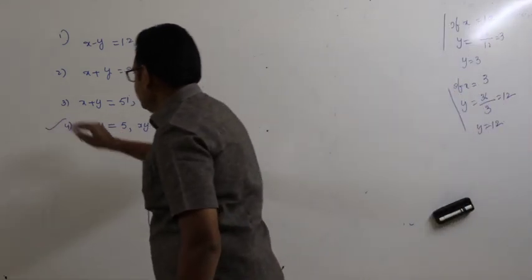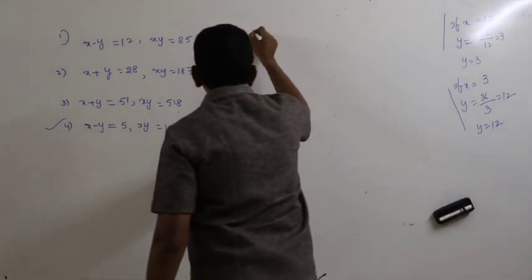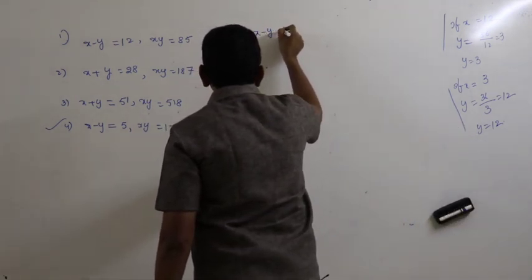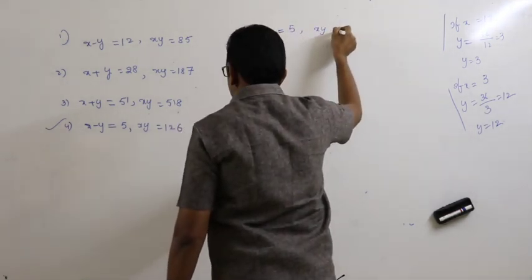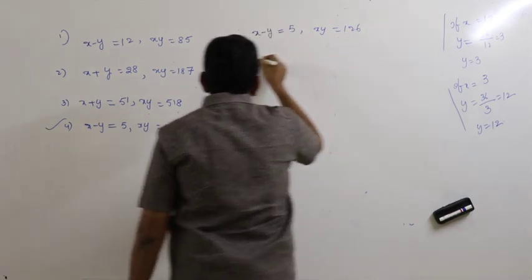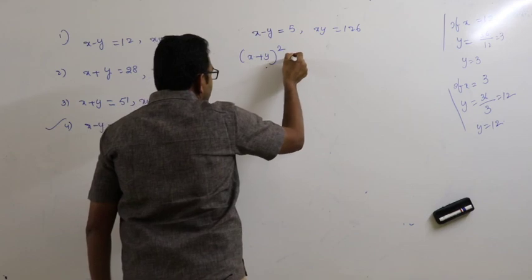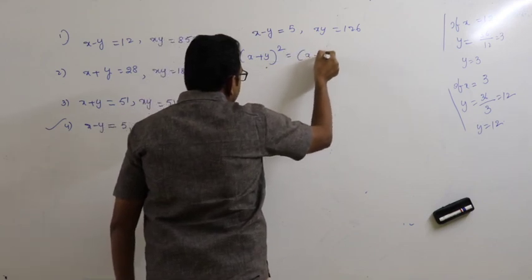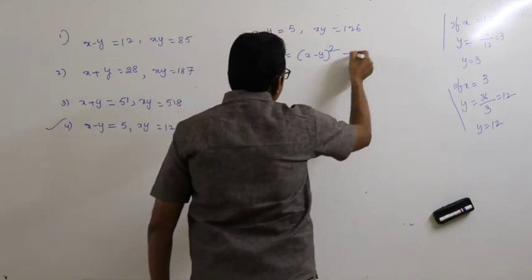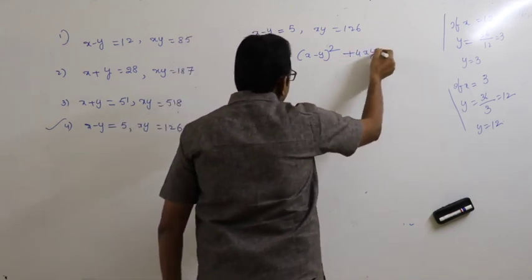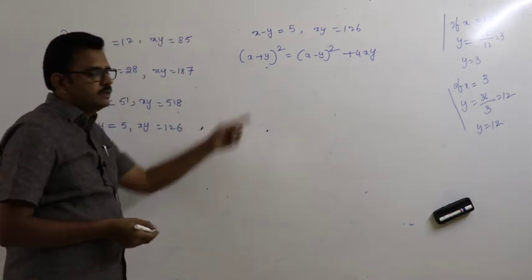So I will teach one problem, any one method: x minus y is equal to 5, xy is equal to 126. In this, you can consider (x plus y) whole square is equal to (x minus y) whole square plus 4xy.